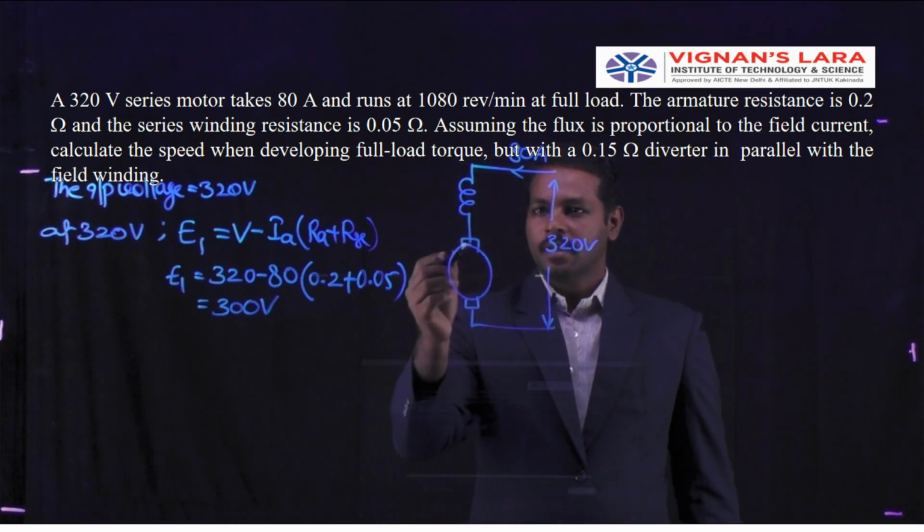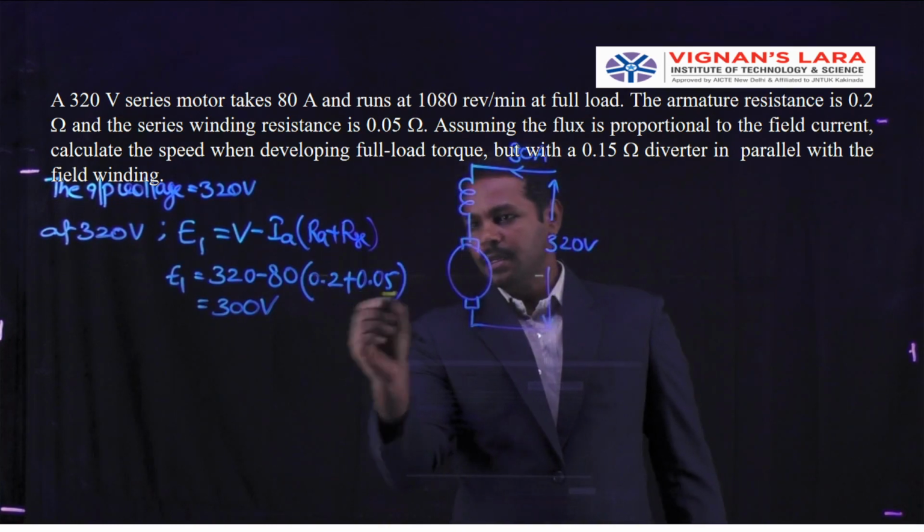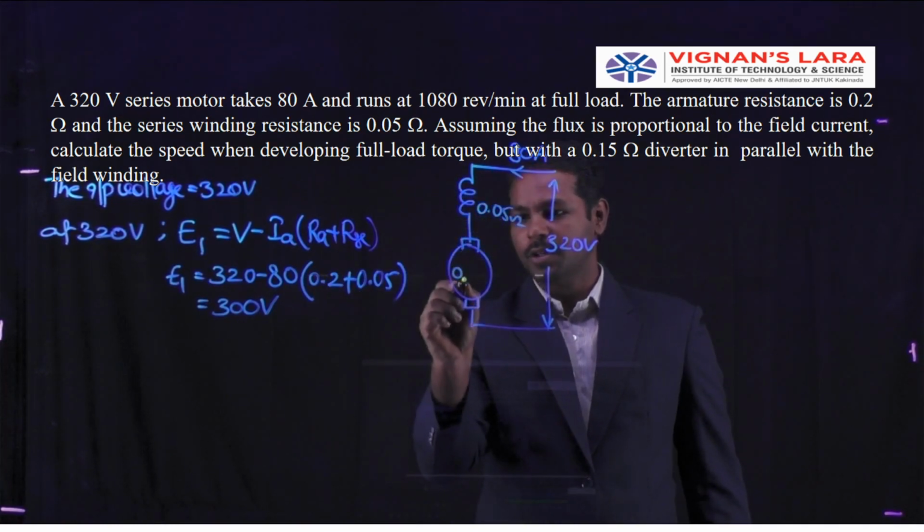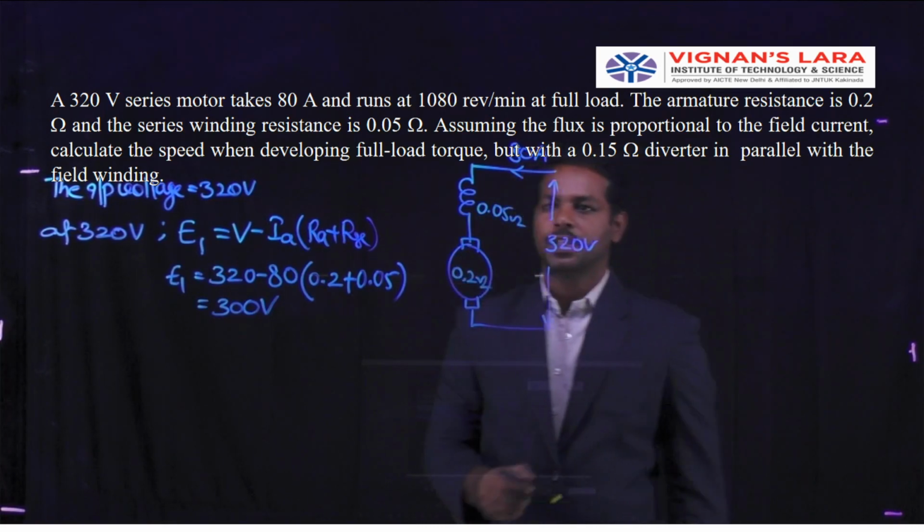The series field winding resistance is 0.05 ohm, and Ra is equal to 0.2 ohm.